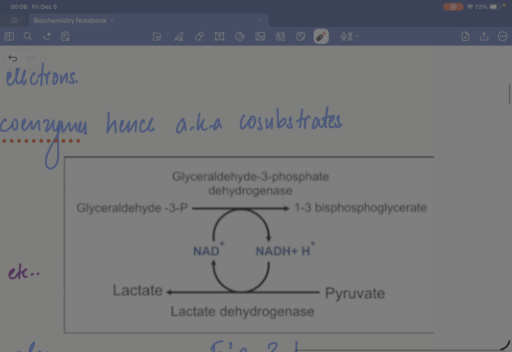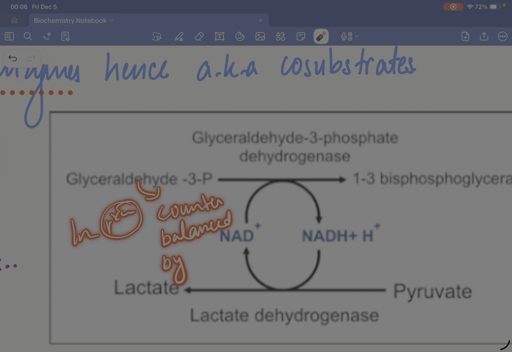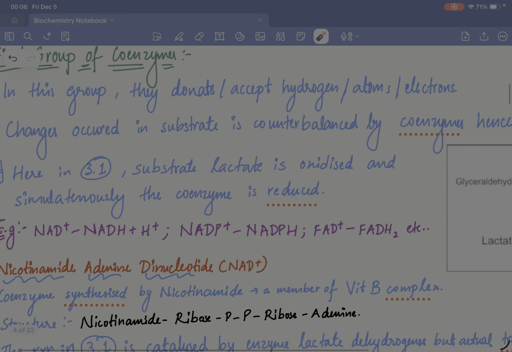Okay, so in the reaction, the substrates are counterbalanced by coenzymes rather than the apoenzymes. Okay, you have to remember it, it is a very important point.